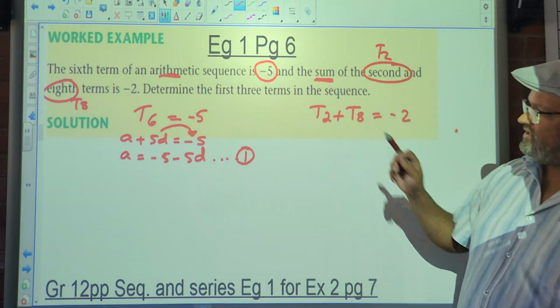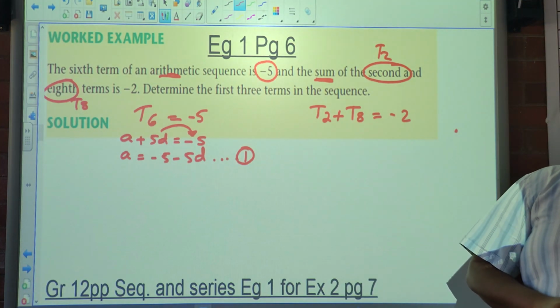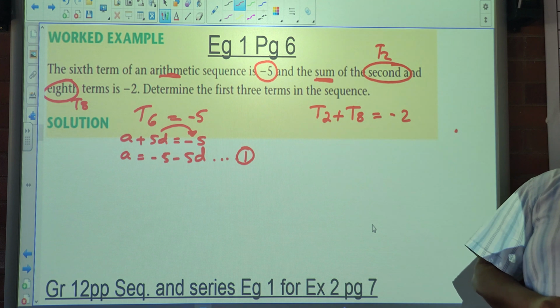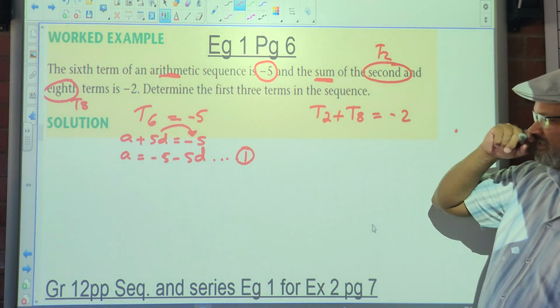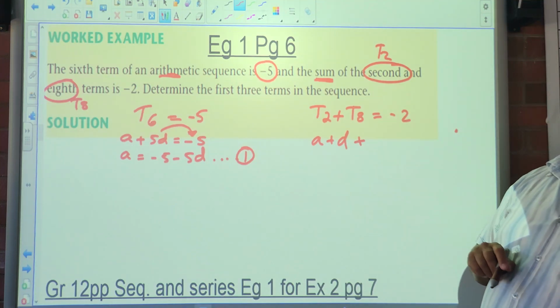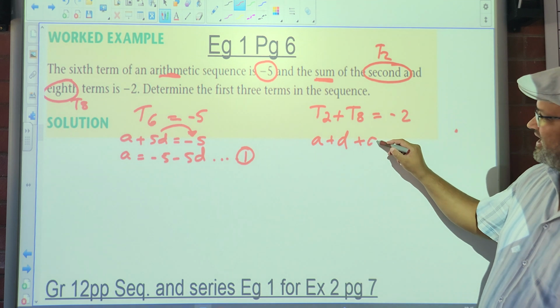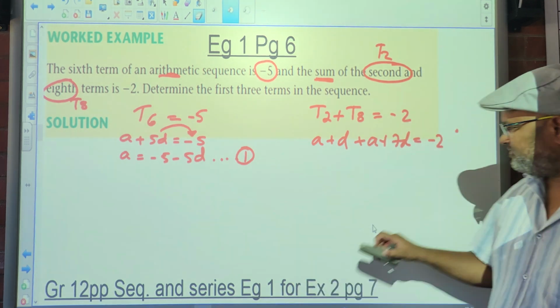So let's go with it on the side. So remember, for simultaneous equations, I need at least 2 equations if it's 2 unknowns. So with this one here, what would it be? T2 is what? A plus d plus T8, a plus 7d is equal to -2.